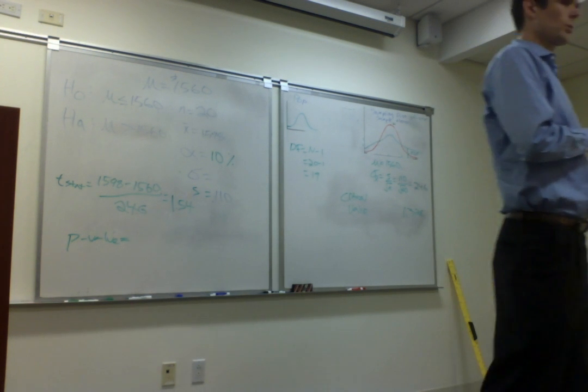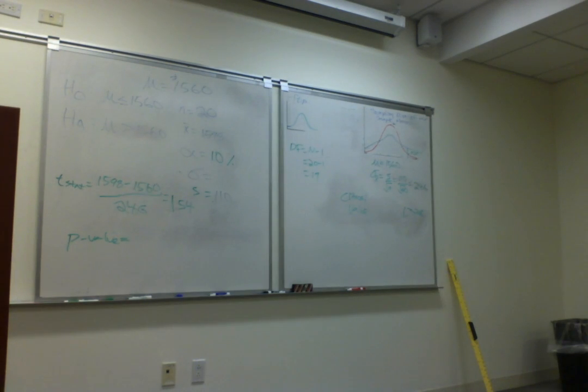If you have your T distribution, go ahead and crack it open and look at the line with 19 degrees of freedom. Now, we determined a minute ago that the area in the right tail was 10% above 1.328.